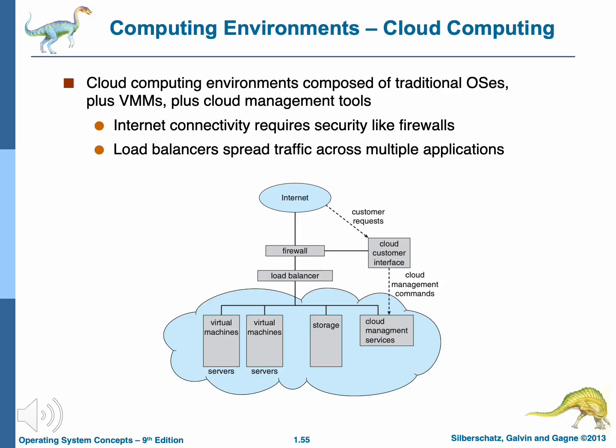Certainly, there are traditional operating systems within many of the types of cloud infrastructure. Beyond those are the VMMs that manage the virtual machines in which the user processes run. At a higher level, the VMMs themselves are managed by cloud management tools such as VMware vCloud Director and the open source Eucalyptus toolset.